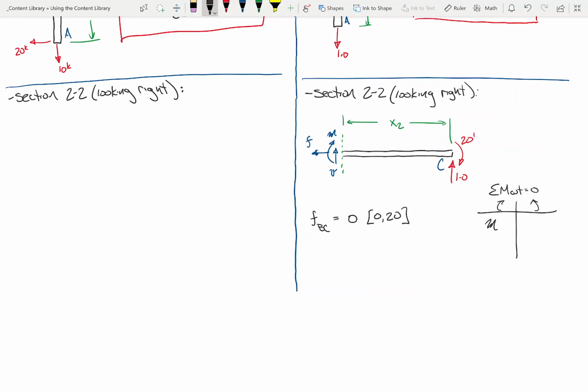I'm going to have 1 times x2. And I'm going to have 20 like that. So M plus 20 is x2. X minus 20.